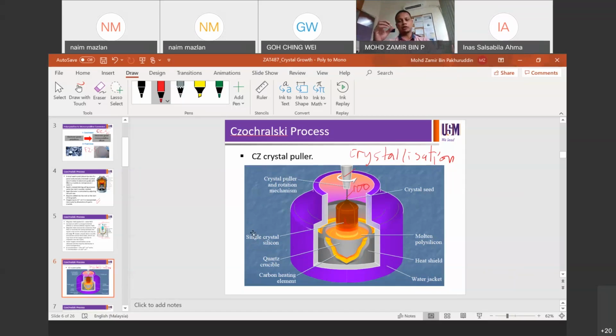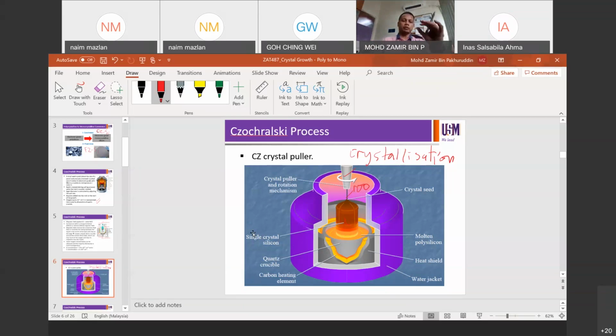Dia akan form crystal orientation. Maksudnya dalam melt tu dia belum ada lagi, sebab there's no reference to begin with. Bila kita ada seed yang jadi reference, so dia akan grow on the seed following the seed punya orientation. So then it will be crystallization process on the seed, following the seed.